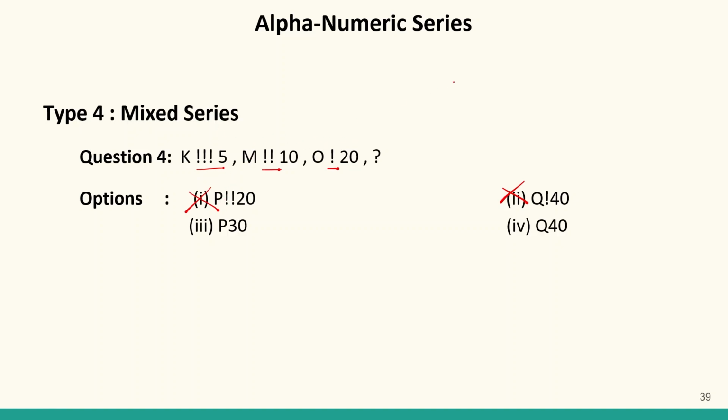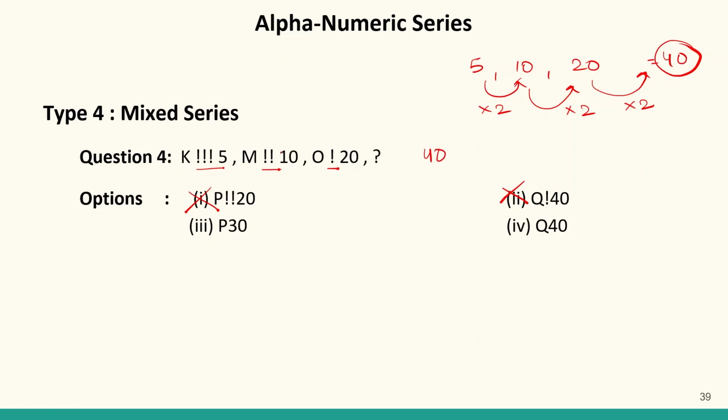Now if we look at the numbers, we are going 5, 10, 20. So clearly we are multiplying this by 2 to get the next element. So if we multiply 20 by 2, we'll get 40, right? And then if we look at the alphabets, K is positioned at 11, M is positioned at 13, O is positioned at 15.